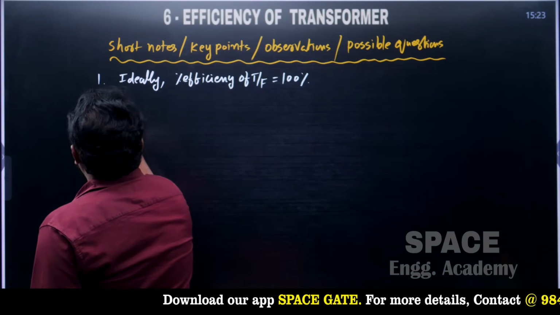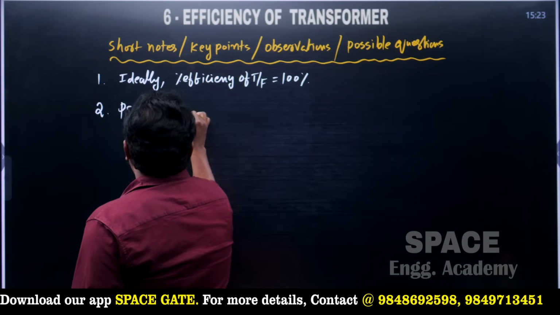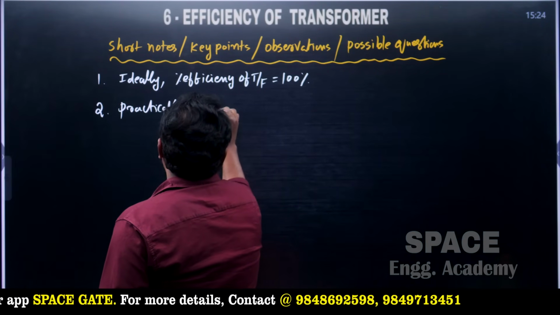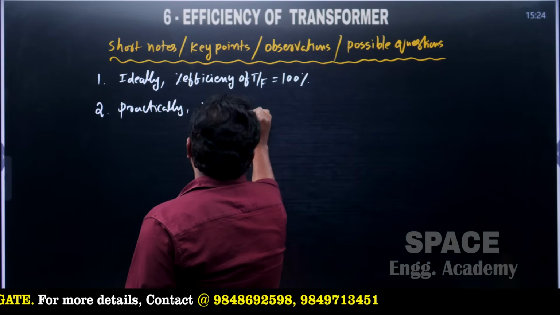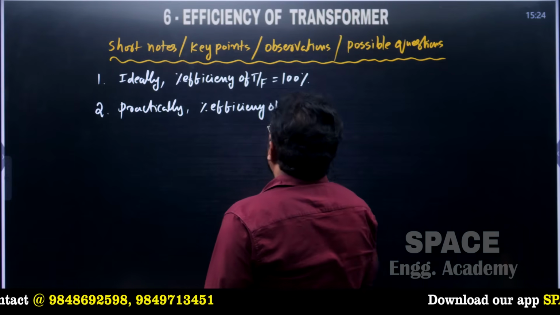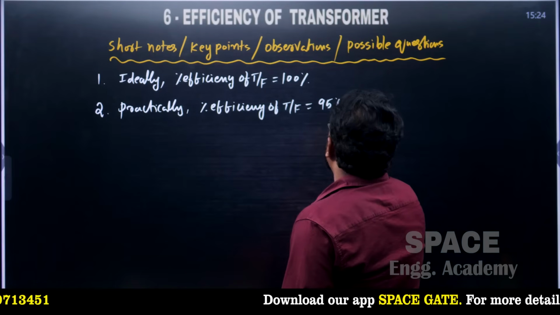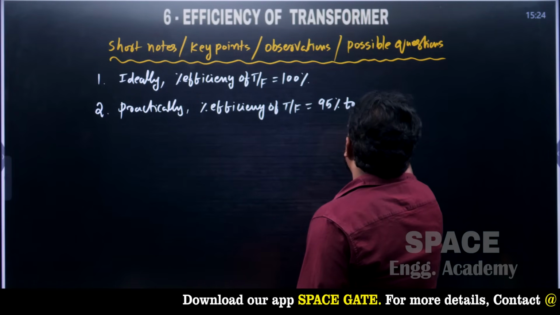Next, practically, the percentage efficiency of the transformer is equal to 95% to 99%.